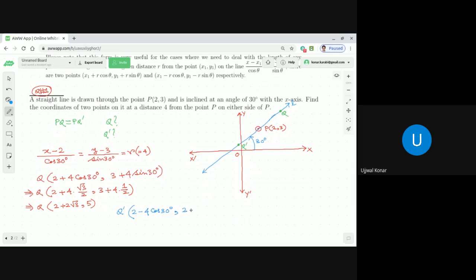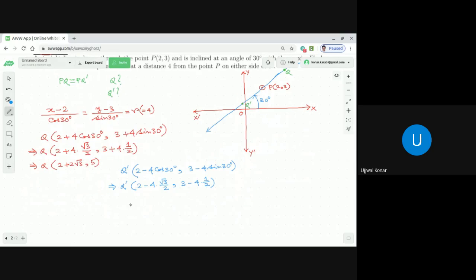And, sorry, not 2 minus, 3 minus 4 sine 30 degree. So Q dash is nothing but (2 minus 4 into root 3 by 2, 3 minus 4 into 1 by 2).